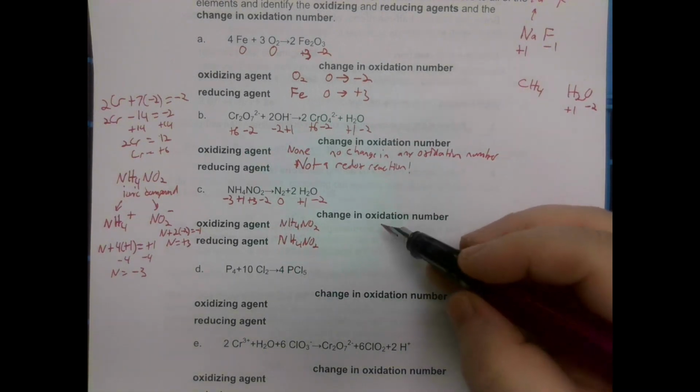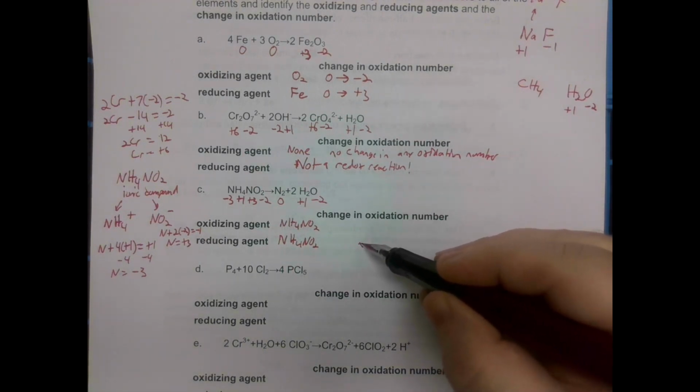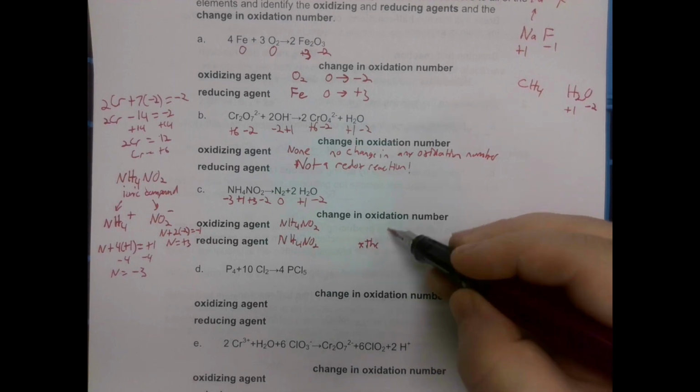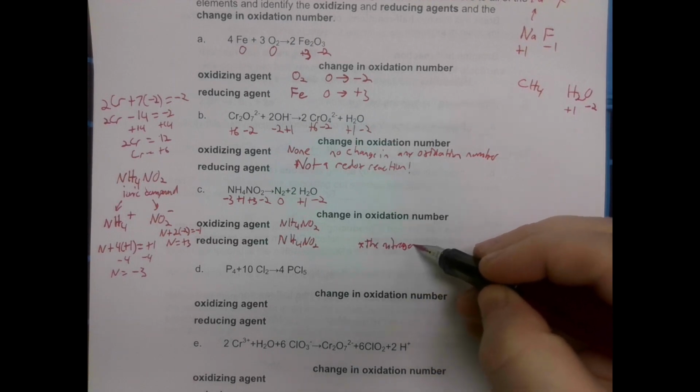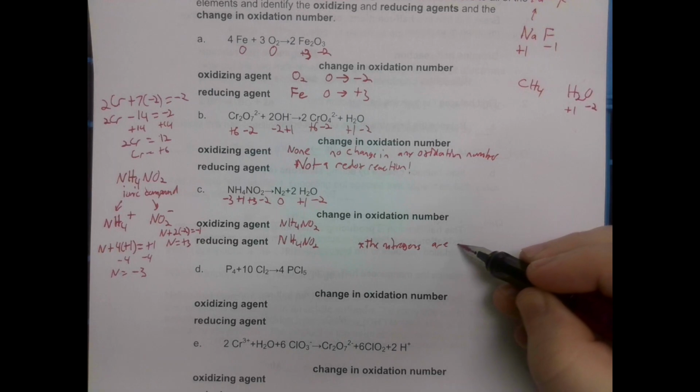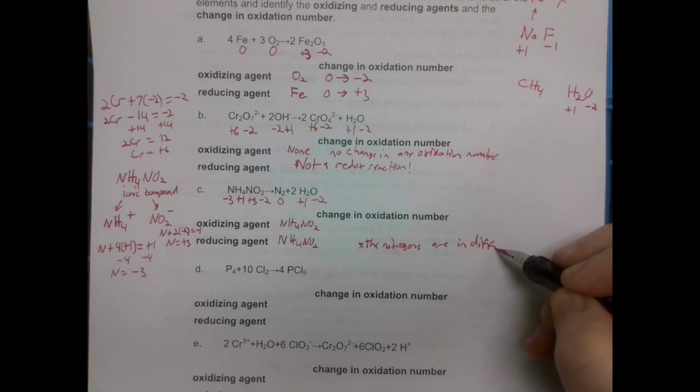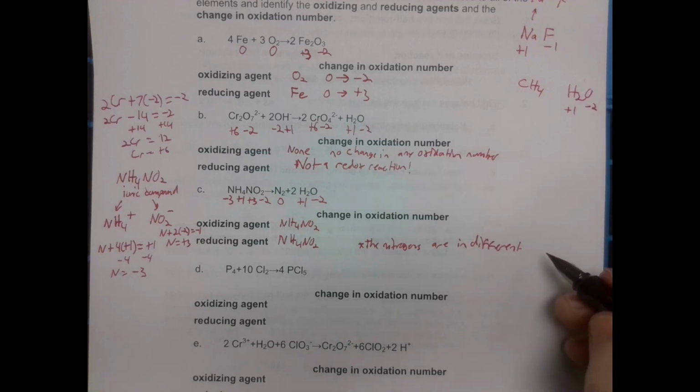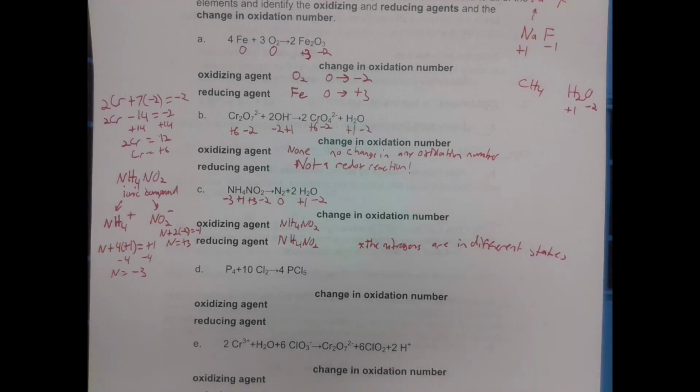My answer key just has this note on it. The nitrogens are in different states. So something can be both an oxidizer and a reducer. You can have a single chemical that is both an oxidizing agent and a reducing agent.